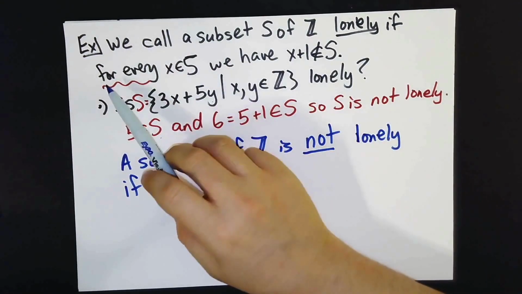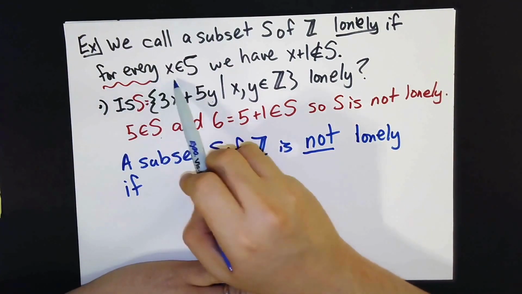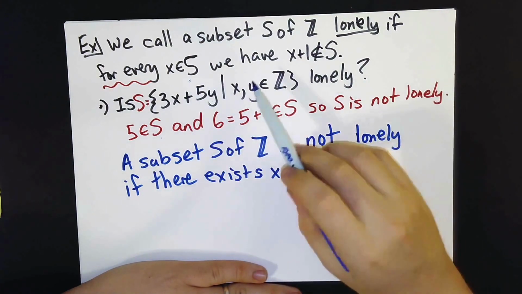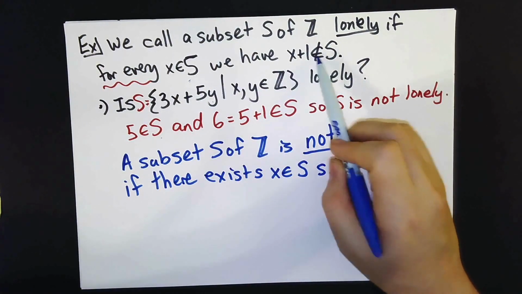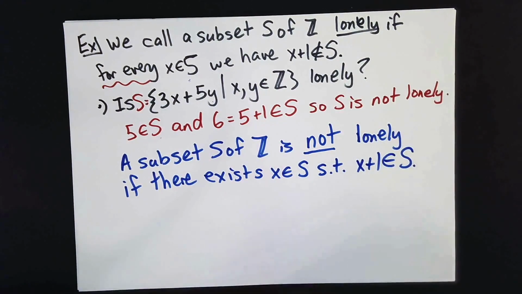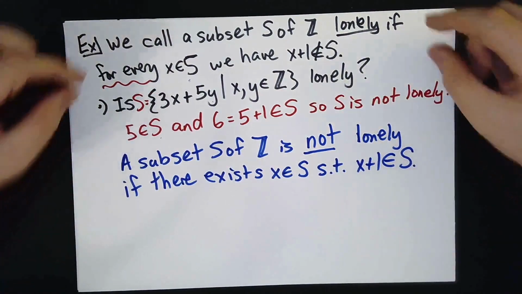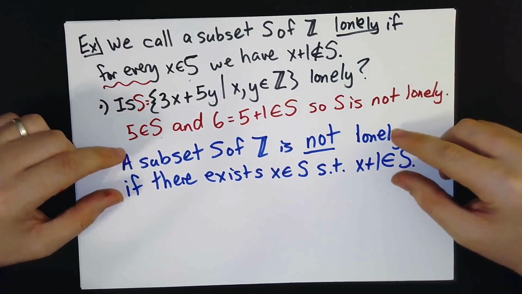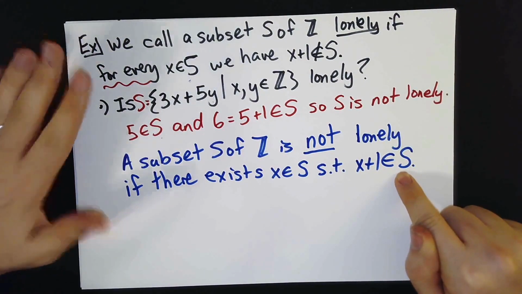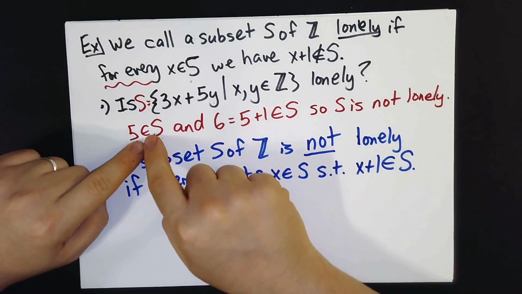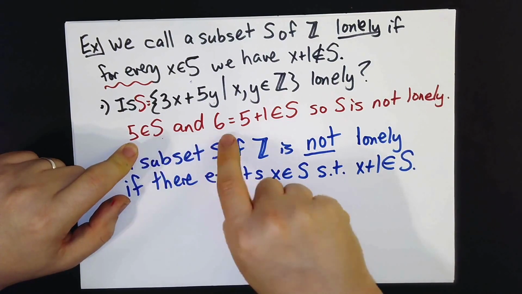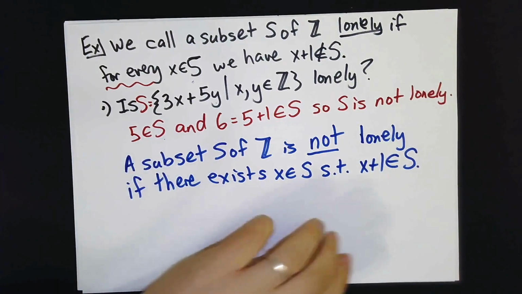Okay, and so for every x in S becomes there exists such that, and then x plus 1 is not in S becomes x plus 1 is in S. So verbatim, the negation of lonely is if there exists an element such that that element plus 1 is also in the set. And so what did I show you for this set? I showed you that 5 is in the set and 6 is in the set, so this set is not lonely.